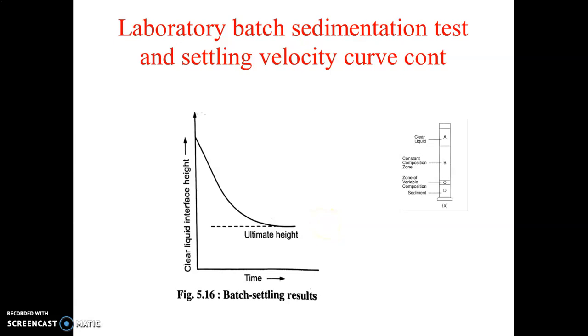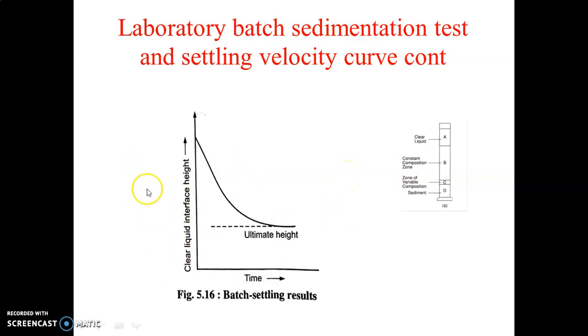This batch settling test gives a different curve for every sludge and for different concentrations. That means for one sample there is one type of curve, and for another solid-liquid mixture there is another curve. In this way we can plot different curves for different slurry or sludge.